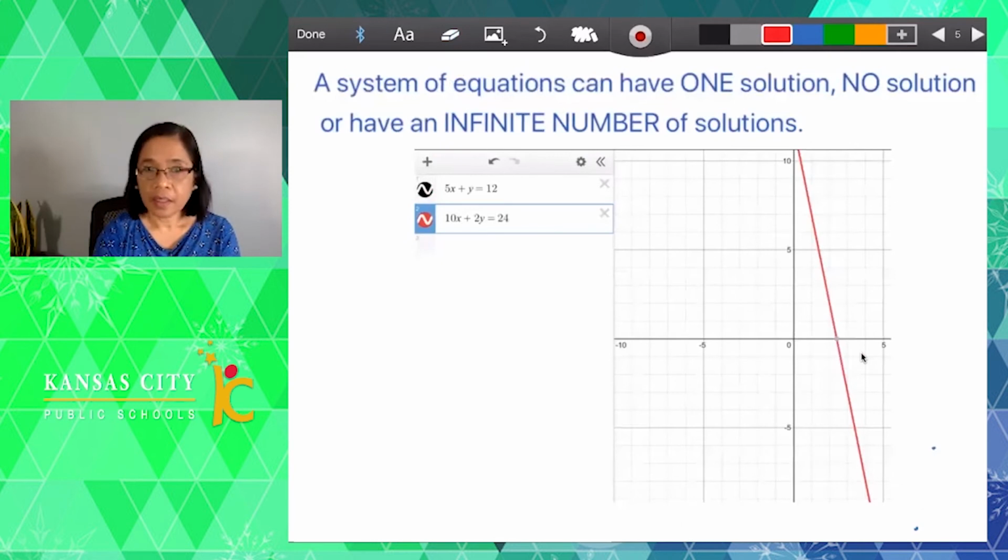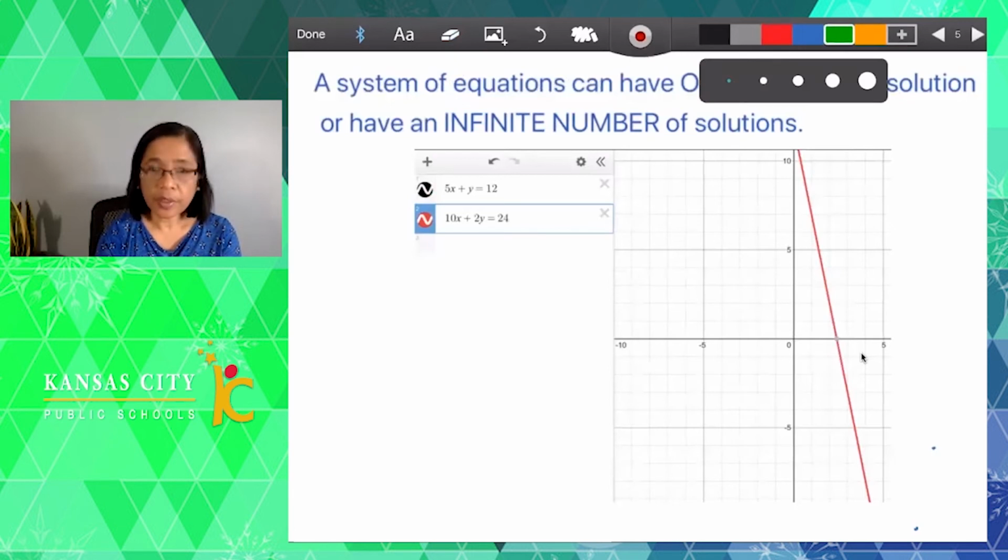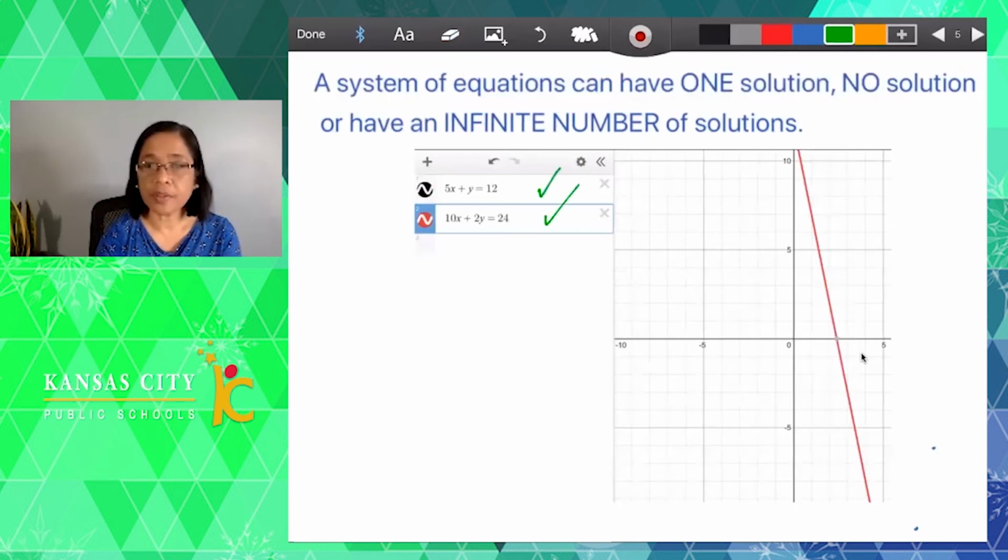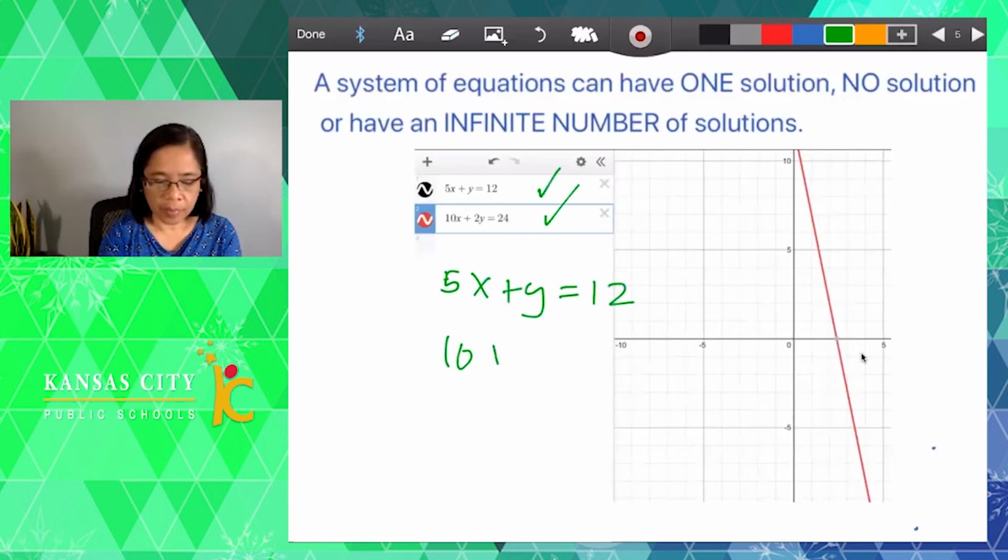Next, a system can also have an infinite number of solutions. Looking at these two equations, if we graph these two, they actually will coincide. Each point on those two lines is a solution, so there will be an infinite number of solutions. We can also see that if you have 5x plus y equals 12, then 10x plus 2y equals 24.